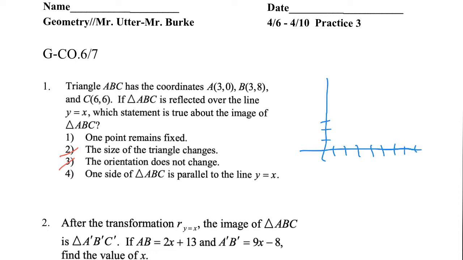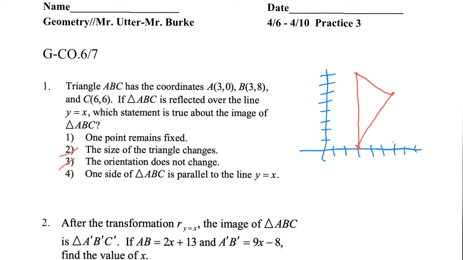And we'll just graph these points. 3 comma 0 is right here. 3, 8 is all the way up here. And then we have 6, 6. 1, 2, 3, 4, 5, 6, about right there. So this is our triangle.